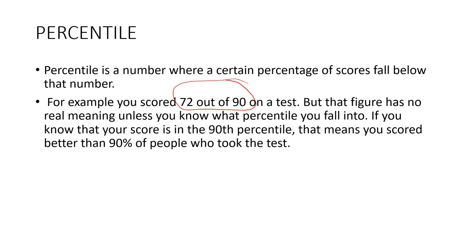If you know that your score is in the 90th percentile, that means you scored better than 90 percent of people who took the test. This is the concept of percentile.